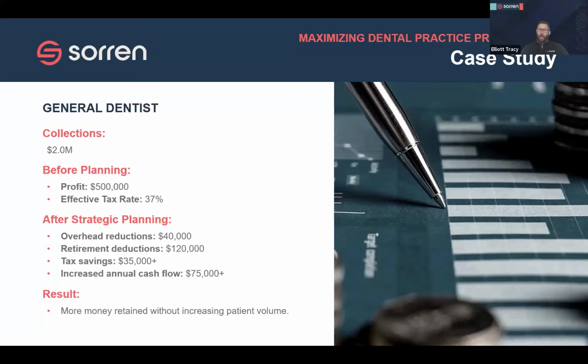If we can effectively plan and get our income to a level where we qualify for that deduction, it is an additional 5 to 10% tax savings just by being able to get that deduction.